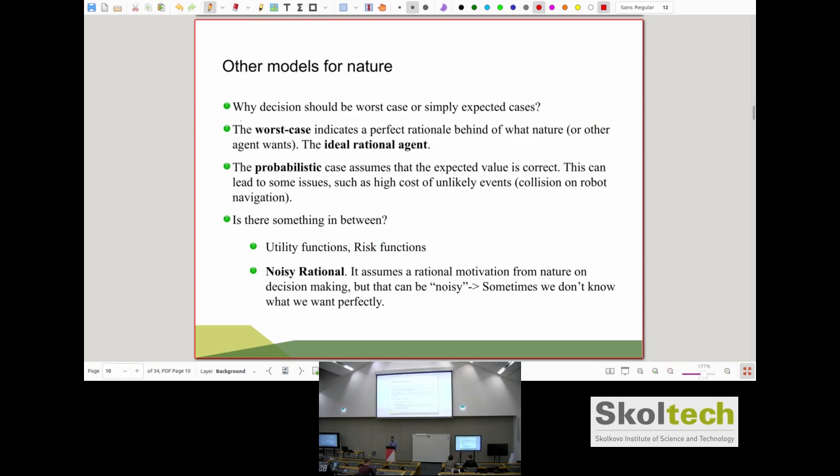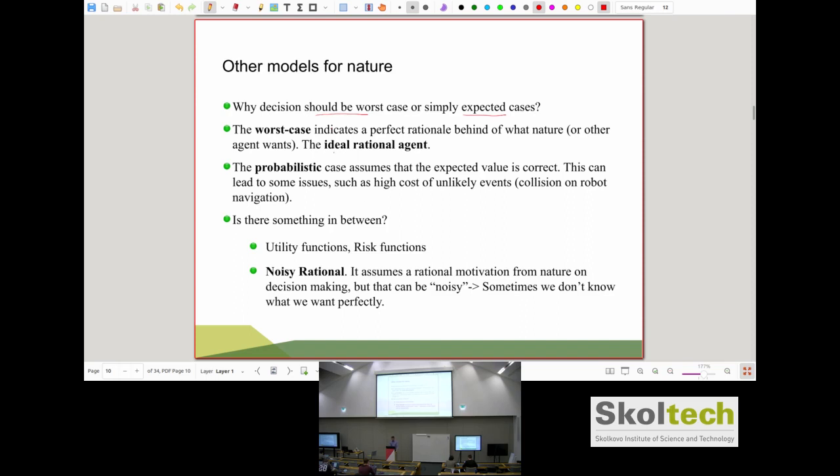Okay, let's discuss a little bit about other models for nature. Is this the only way that exists, either worst case or simply expected case? Let's say that worst case indicates a perfect rationale behind it. So worst case is like this evil nature that is just going to do whatever is possible to get you less reward.